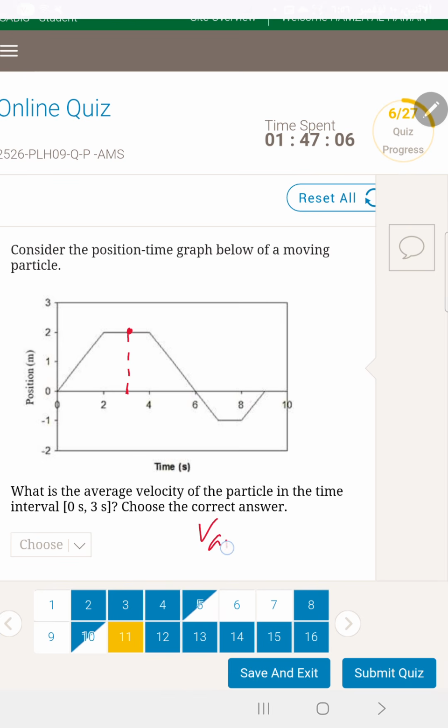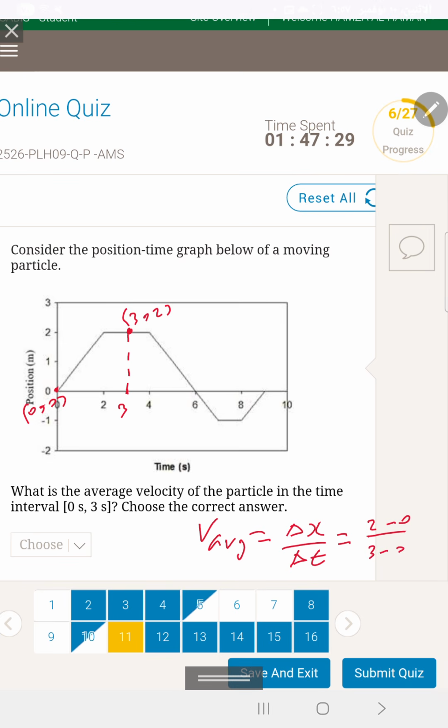So average velocity equals delta x over delta t. So you have to take this point here, which is 3, 2 and 0, 0, because we're saying from 0 to 3. So now you do the slope formula. 2 minus 0 divided by 3 minus 0. 2 over 3. So the answer is 2 over 3.